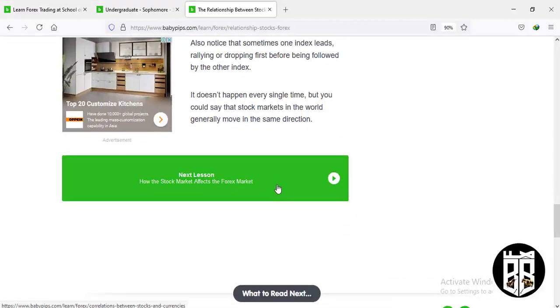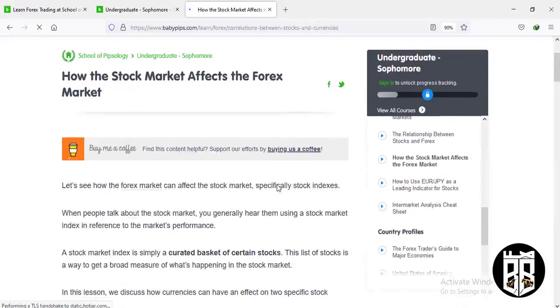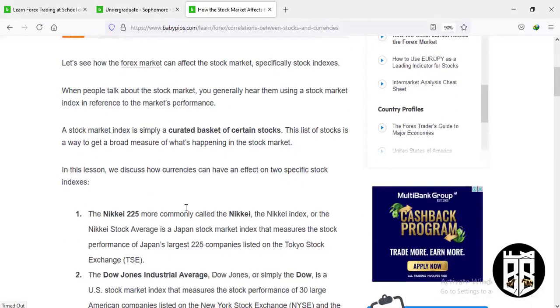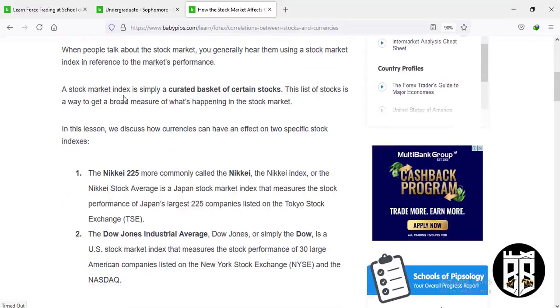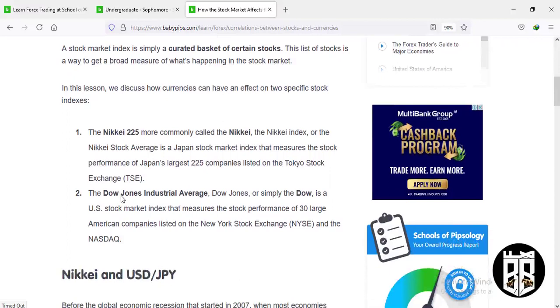Let's move to the next lesson, how the stock market affects the forex market. Let's just read a little bit. A stock market index is simply a curated basket of certain stocks. This list of stocks is a way to get a broad measure of what's happening in the stock market. Now let's discuss two of them.